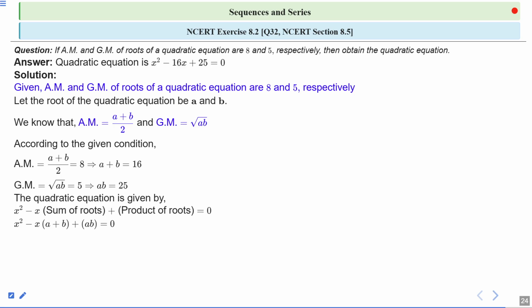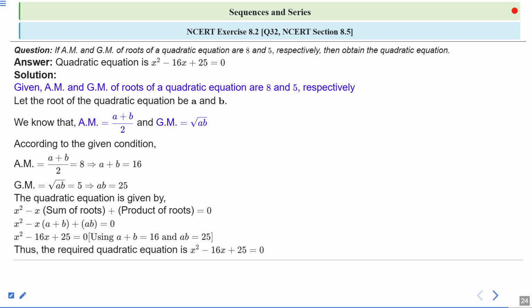Now using A plus B is 16 and AB equal to 25, you will get x square minus 16x plus 25 equal to 0. So the required quadratic equation is x square minus 16x plus 25 equal to 0.